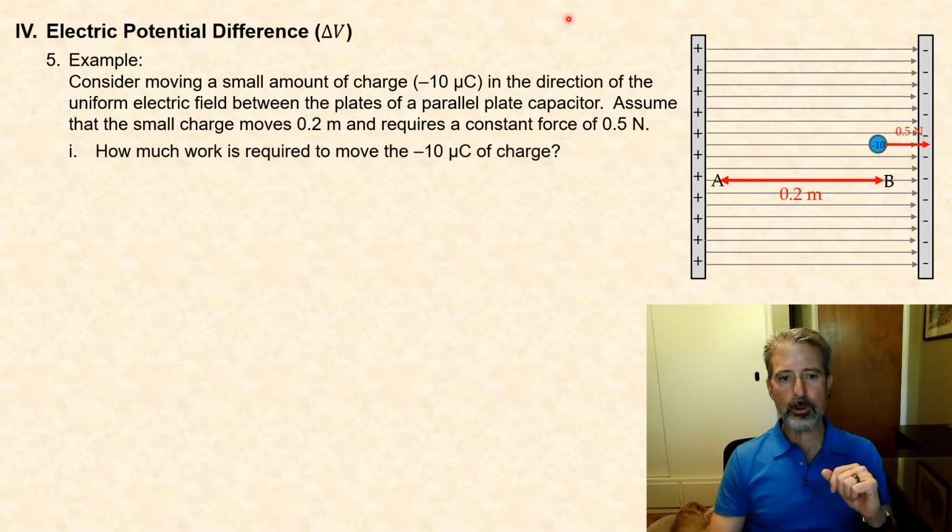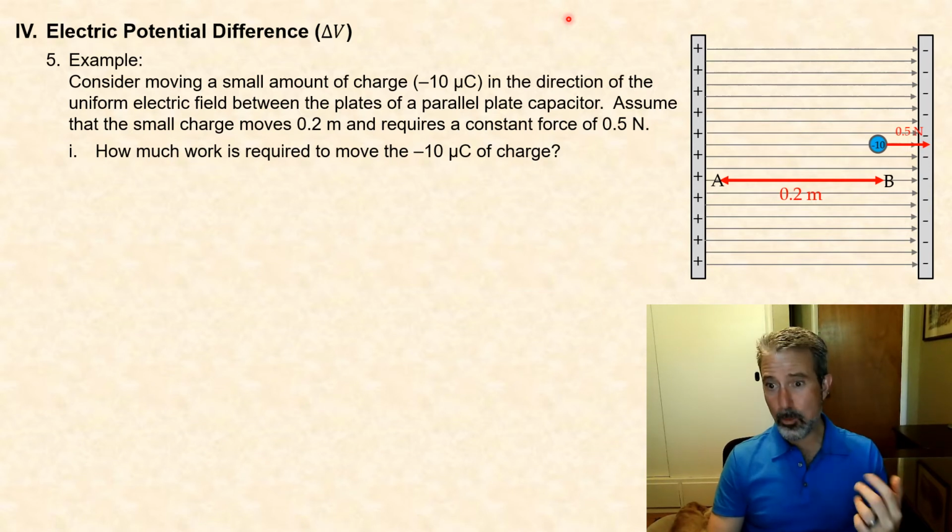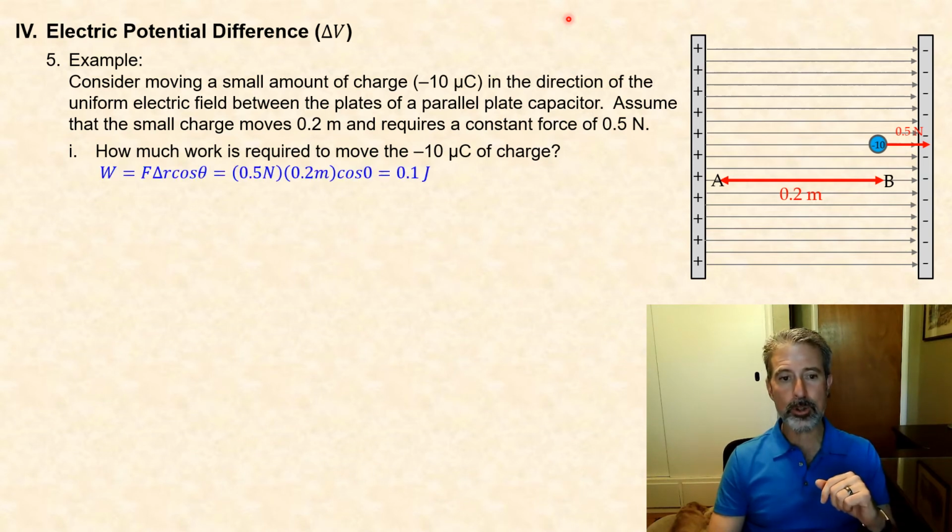All right, so first we're asked to find out how much work is required to move the minus 10 microcoulombs of charge. Well, in this problem, we're told that a constant force of 0.5 newtons must be applied to move the charge from point A to point B. We know the distance traveled here of 0.2 meters.